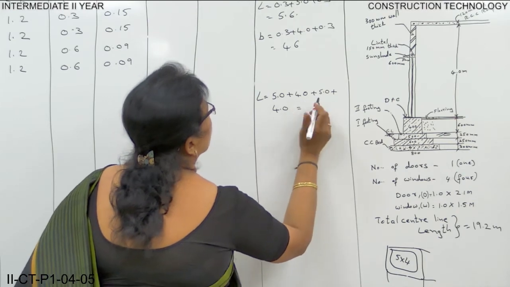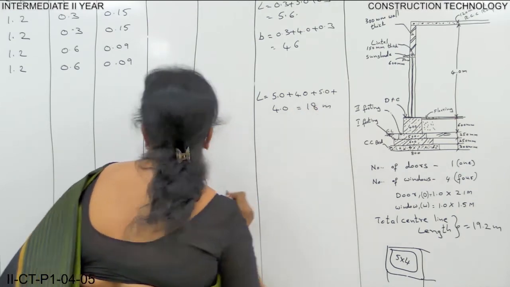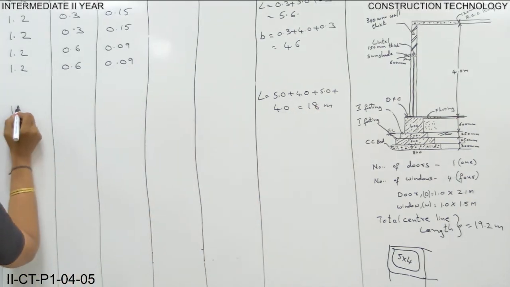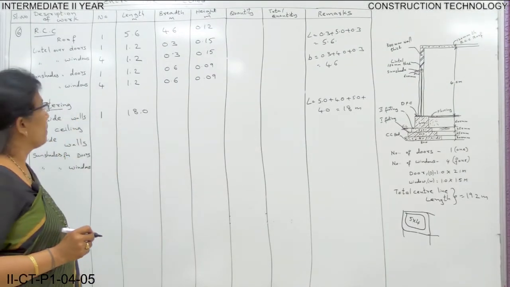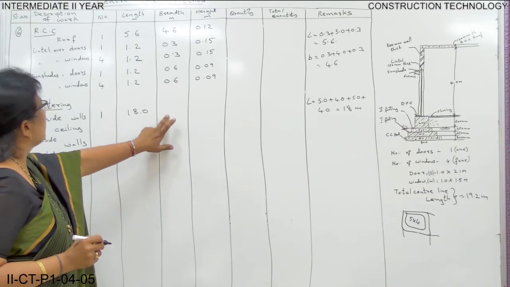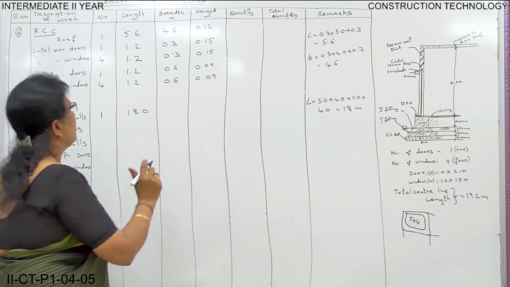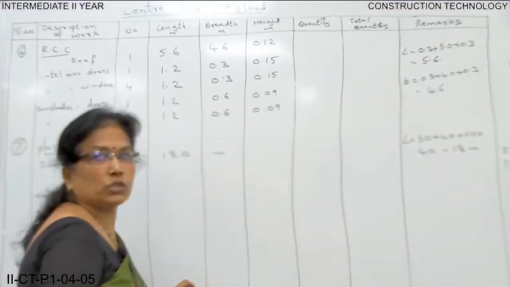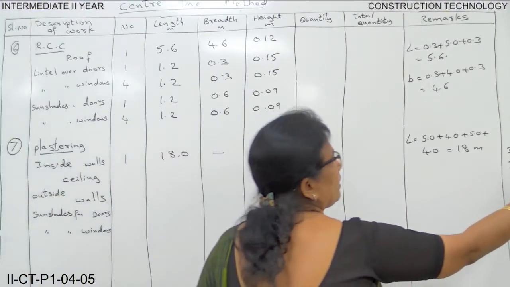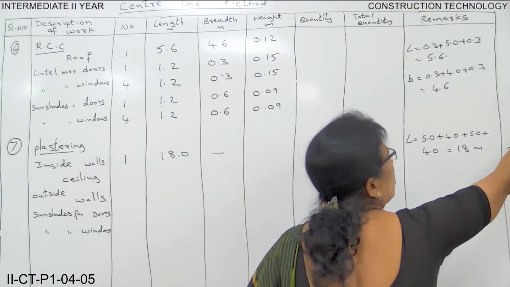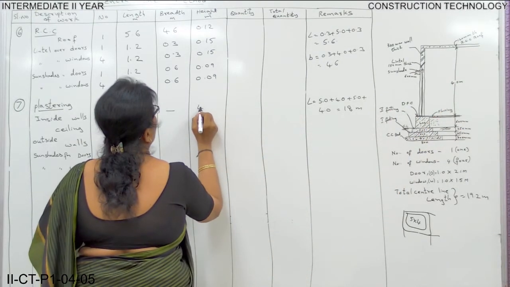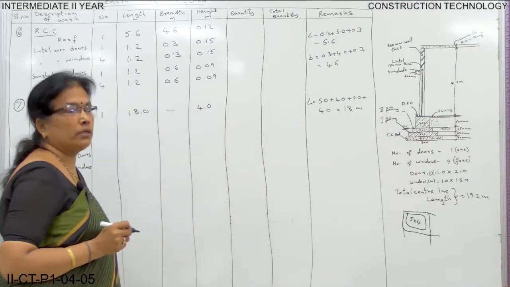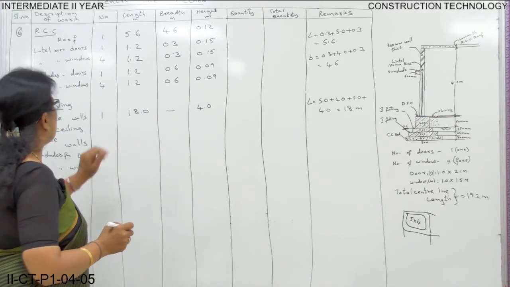So total 9 plus 9, 18 meters. So the length of the wall inside is 18.0 meters. Now breadth, you don't have breadth, just put one dash. Now height. Height inside from floor level to roof level is 4.0, so write here 4.0.